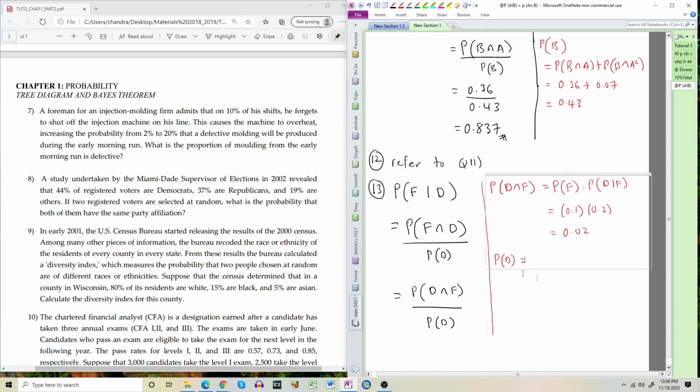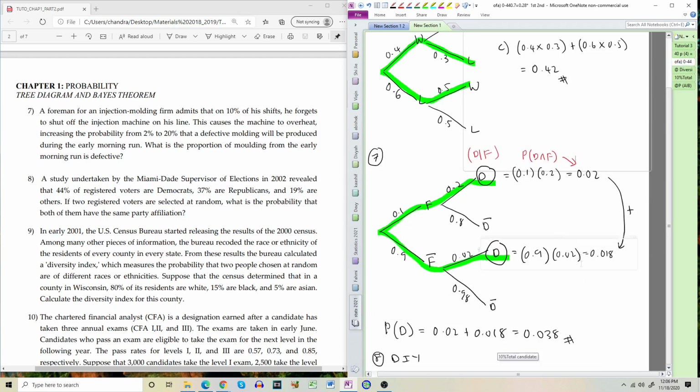The probability of defective, that was the answer. The probability of defective is this one plus this one, 0.038.